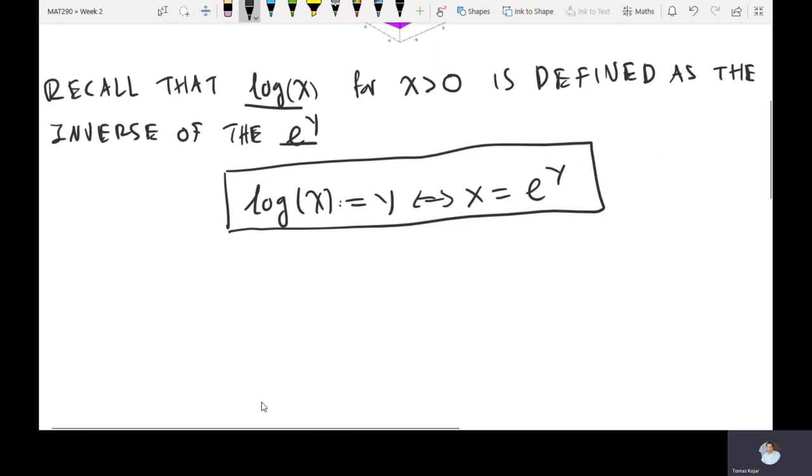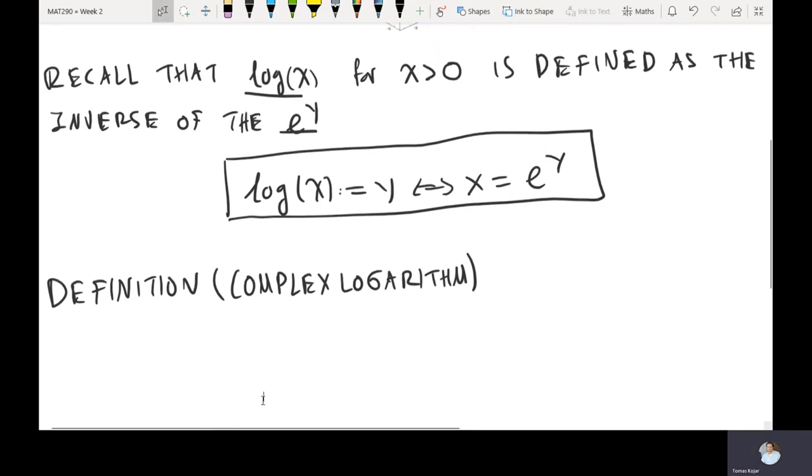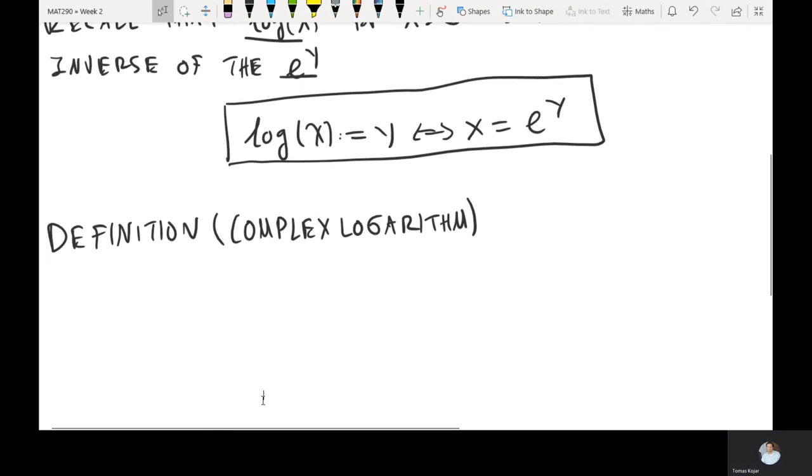And so in complex, it would be the same definition. So it will be the same because we wanted to agree with the one on the reals. But it's also miraculous that it works the same way.